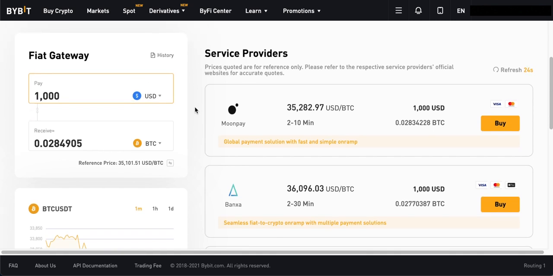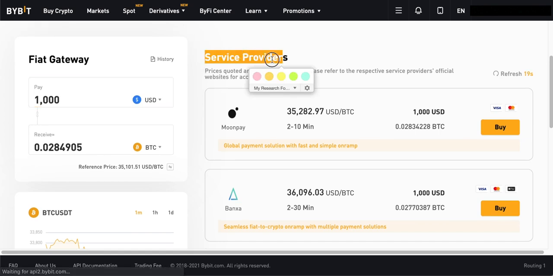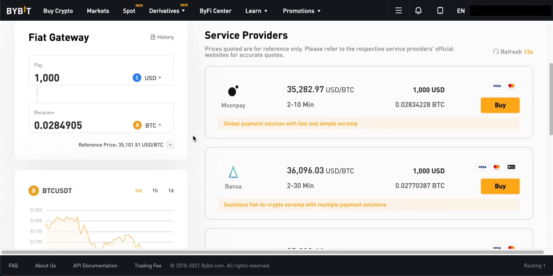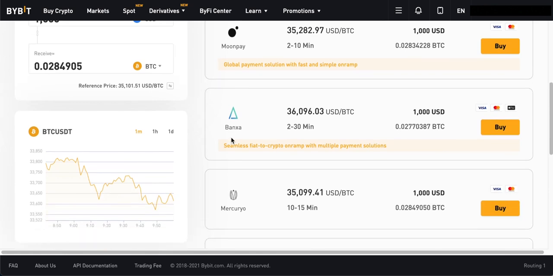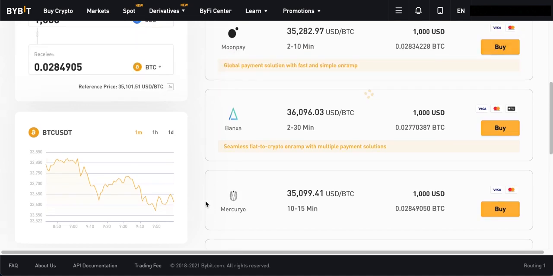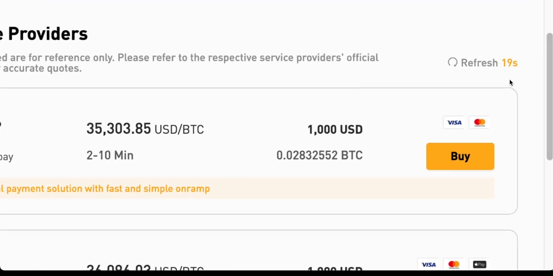Now, Bybit don't actually have this service themselves, so they use what's called service providers, and a lot of wallets do this. You will essentially go through to this third party. MoonPay is used by a lot of crypto wallets and other exchanges. And there are a couple of other providers as well, as you can see here going down the list. Simplex is also quite a big name. What you will see on the right hand side is this refreshing.